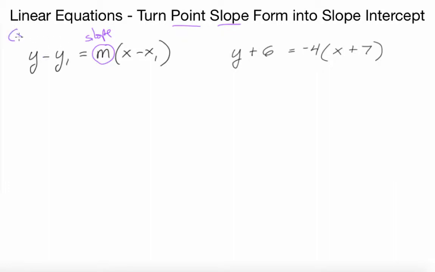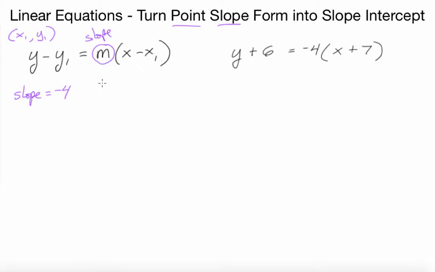We have to use the x1 and y1 values of a specific point to be able to write a point-slope form equation. So there's my x1 value right there, and there's my y1 value right there. Just knowing this pattern, I can tell the slope for my equation is -4, right here.